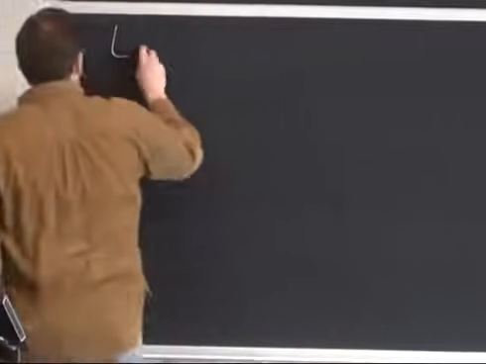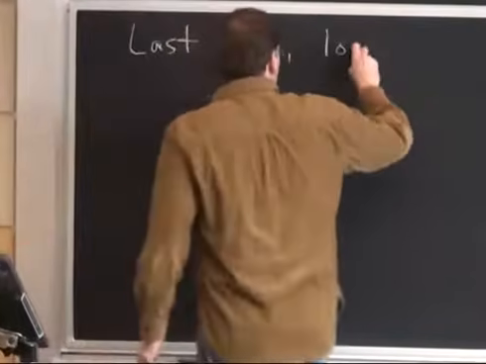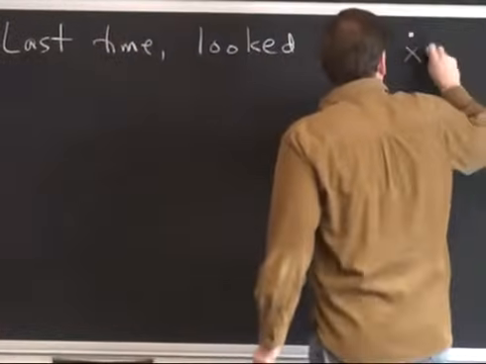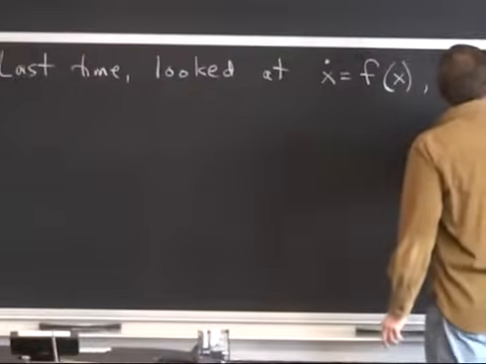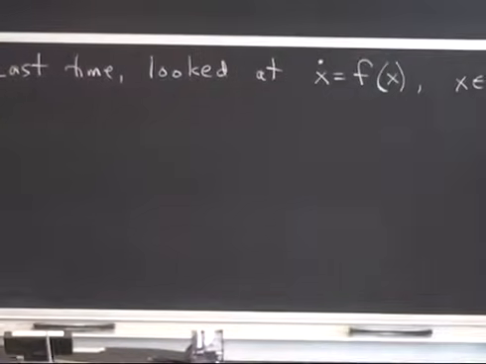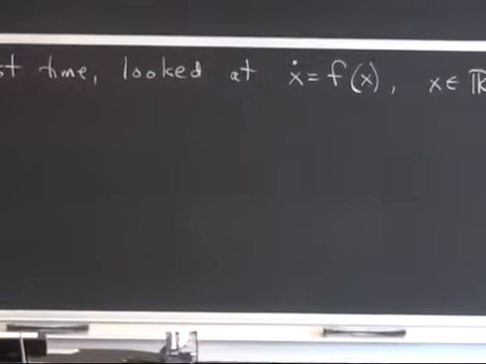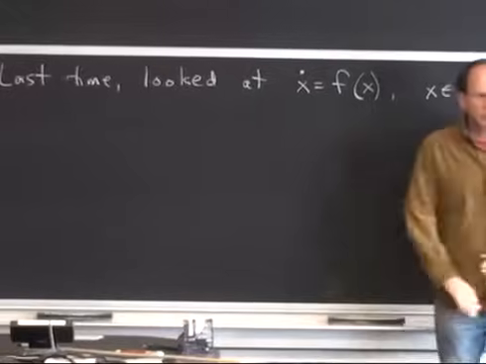So last time we looked at this class of systems where x, as I say, is just a real number, and we said that you could try to solve them analytically, but often it will be impossible to do the integrals that will arise.